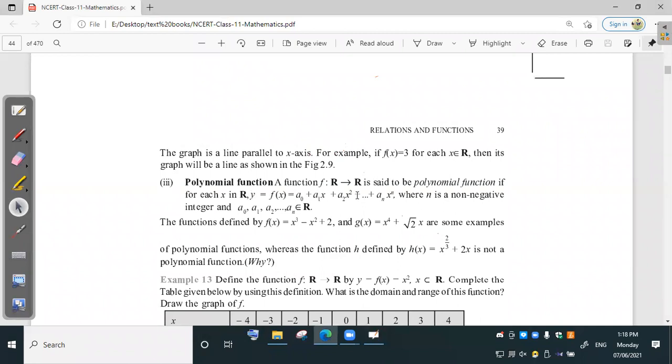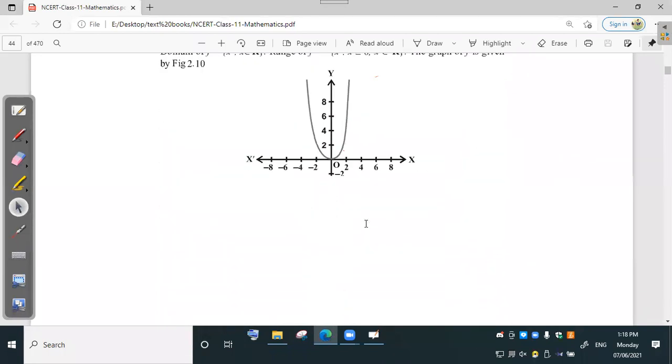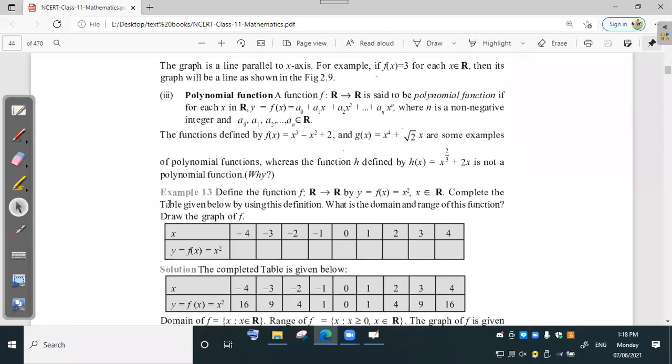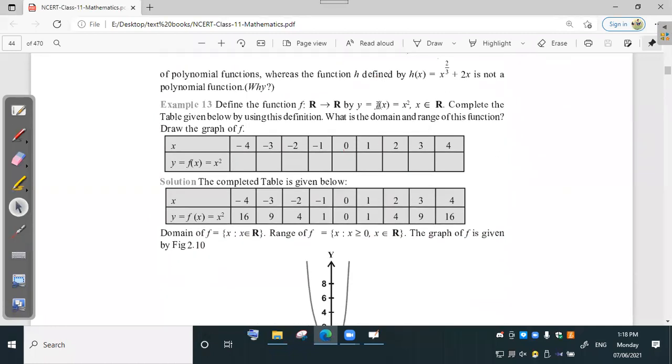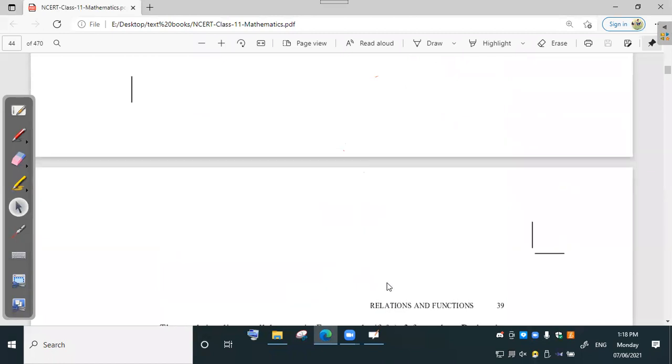If it is written as a0 + a1 x and so on, then from R to R defined by some polynomial, it is a polynomial function. And f(x) = x square, they have shown this. It depends on x square, x cube. Accordingly, they will have different graphs.